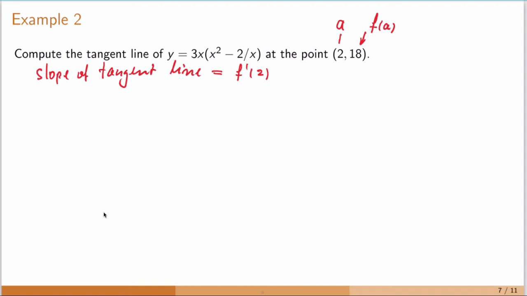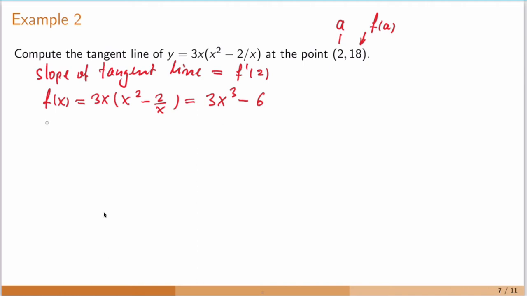Now, before I compute the derivative, I like to simplify this function just a little bit. So we have f of x is 3x times (x squared minus 2) divided by x. And I just multiply out the 3x. So then we have 3x cubed minus 6. Right, the x's cancel.